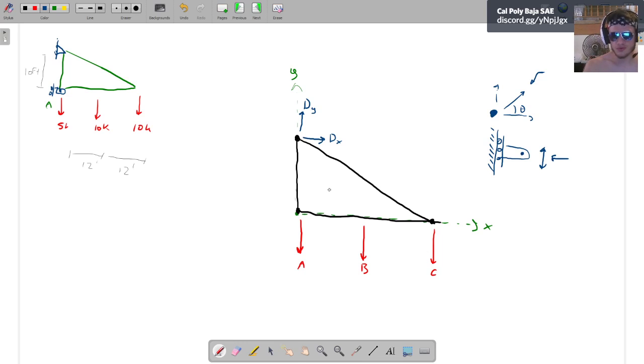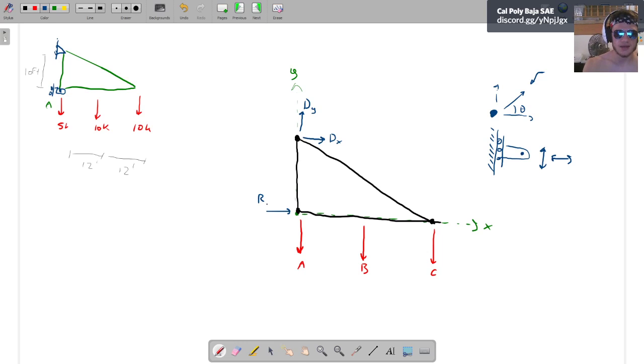One thing you will have to get used to in engineering is figuring out what the diagrams mean. But these are the two external conditions you'll see most often: a pin and a slider. I know my slider can only resist in one direction, the x direction, and this is called reaction A. I'm just going to say that this is a positive force, because then I can figure it out later if I need to.